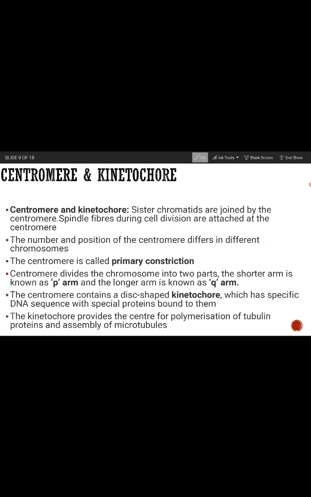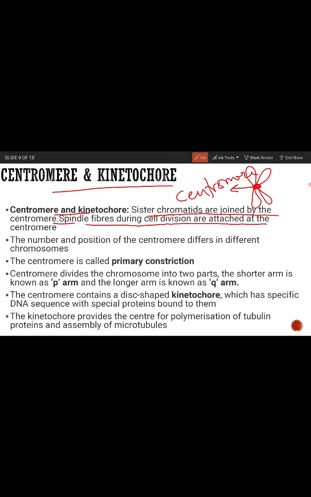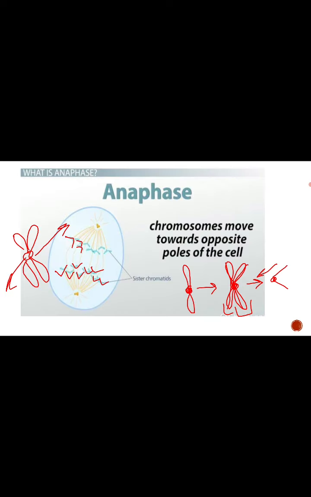Now centromere and kinetochore. Sister chromatids are joined by the centromere. As you can see, these are two sister chromatids joined by a structure known as the centromere. Spindle fibers during cell division are attached to the centromere, like you saw in this picture.